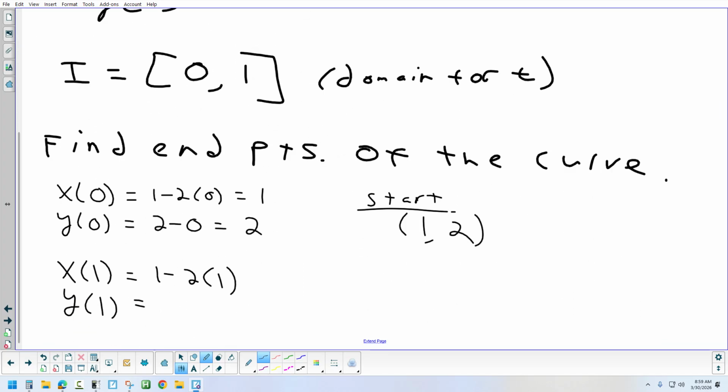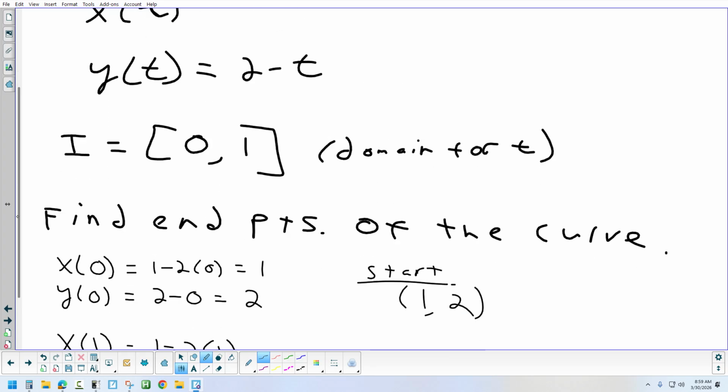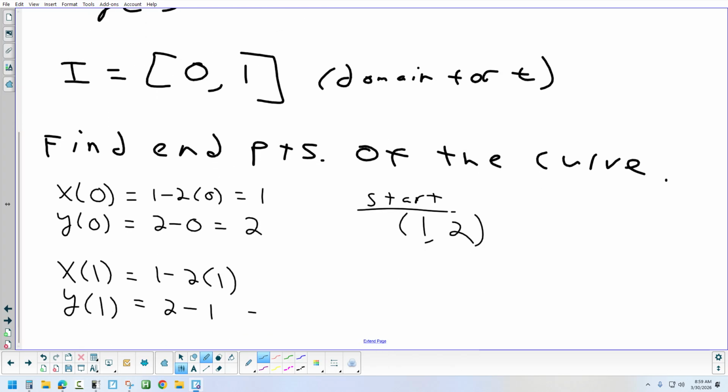And the bottom one, this is what I was thinking of when we did the top one. It's going to be 2 minus 1. So at the top, we're going to get 1 minus 2. In the bottom, 2 minus 1. And those are the x and the y value of the stop point, or the end point. Negative 1, 1.